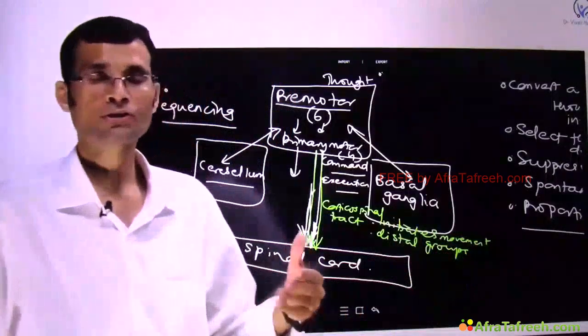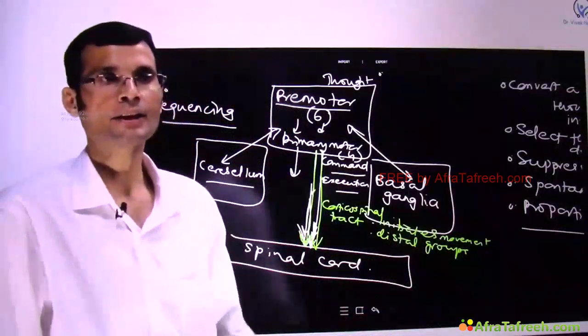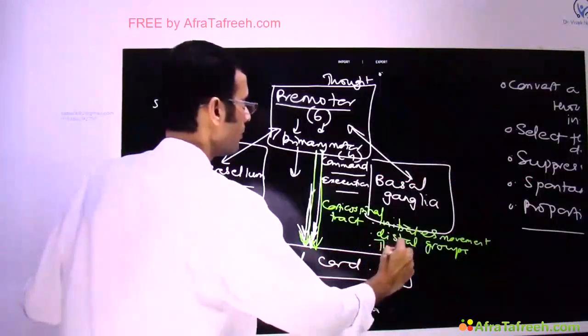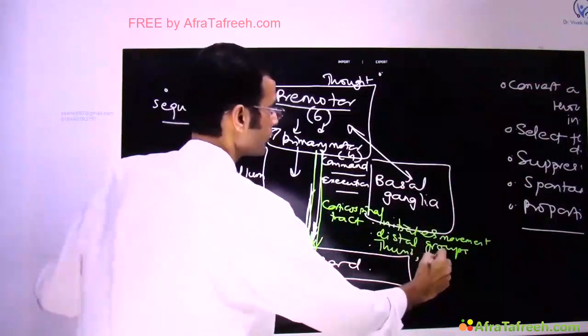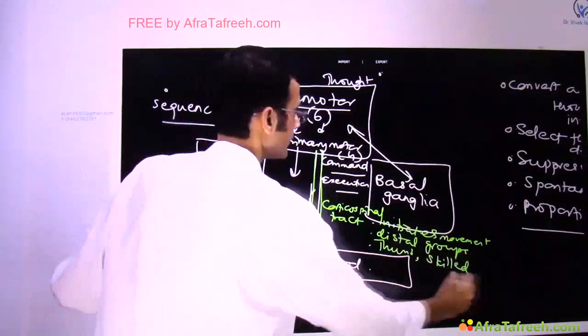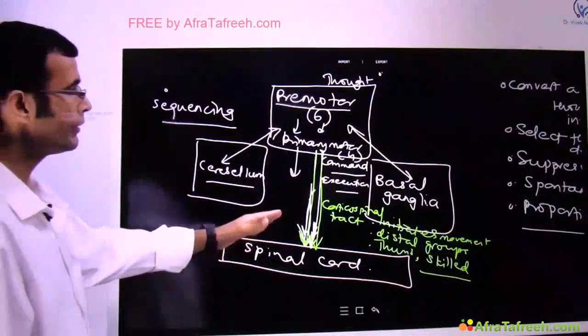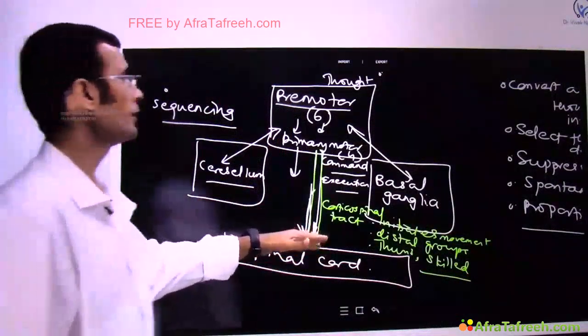So it controls stance and gait. It controls the thumb and therefore controls skilled voluntary movements. So that's the function of the corticospinal tract.